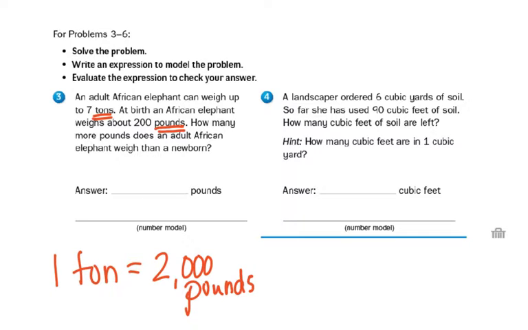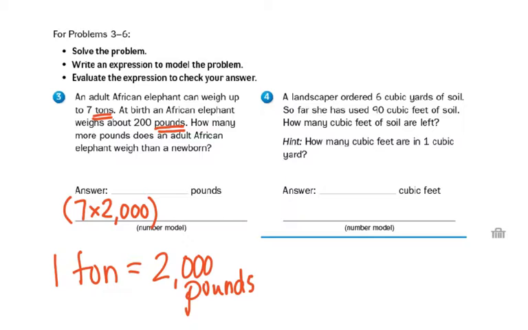So if we know that an African elephant, an adult one, can weigh 7 tons, we have to convert that to pounds. So for the number model, let's put in 7, and we have to multiply that by 2,000 in order to get that into pounds.